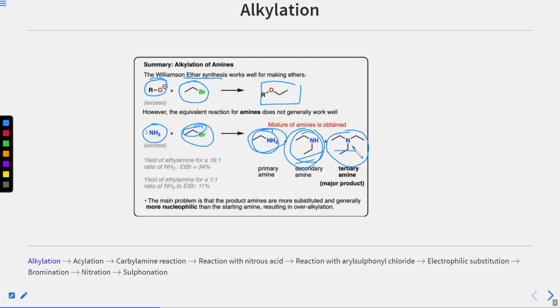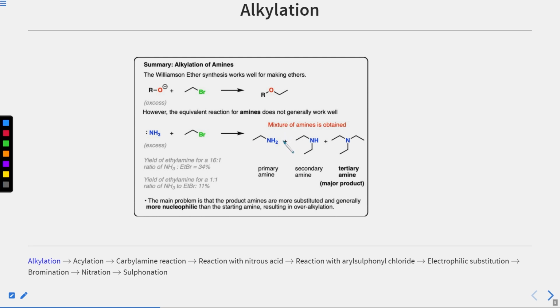So first we get this product, further alkylation gives the next, and alkylation of the second one gives the tertiary amine. The main problem is that the more substituted products are generally more nucleophilic than the starting amine, resulting in over-alkylation. As discussed earlier, this reaction gives a mixture of amines rather than a specific amine. Anyways, this is the alkylation method.